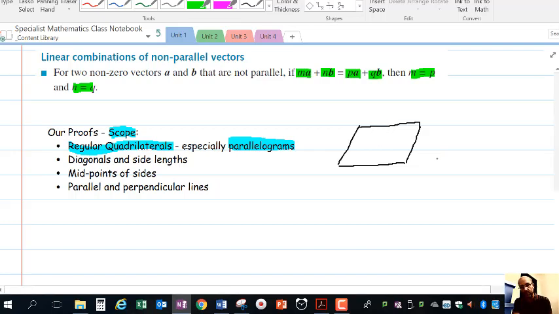The rhombus, which is a special case of a parallelogram. The rhombus is a parallelogram with all four sides equal length, which is a special case of the parallelogram. Alright, there's our parallelogram and there's our rhombus. There's two other special cases of the parallelogram.